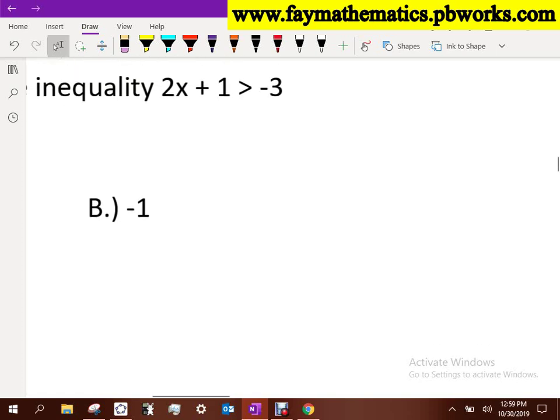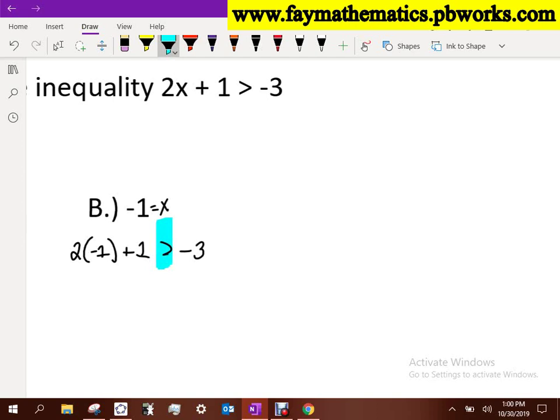Okay, so part B here says try -1. So I get 2x + 1 is greater than -3. That's what I'm choosing to be my x value, right? That is my x value. Remember, we're asking if that is true.